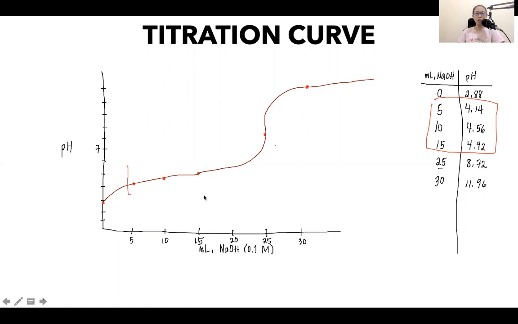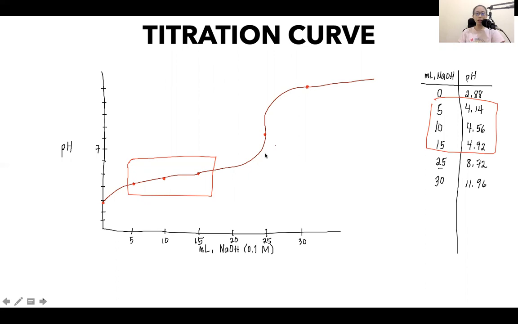Even with the addition of a large amount of your strong base, the pH relatively stays between 4 and 5 before you experience a very drastic change in pH over here around your equivalence point.